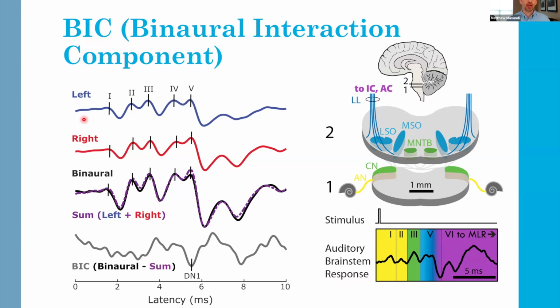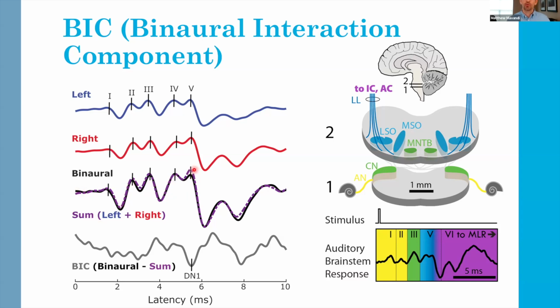So the way we get the BIC is we place the electrodes and record the sound from just the left ear, and then record the electrical responses from just the right ear. And so when we add those two together, we get the sum in purple, and it gives us this waveform.